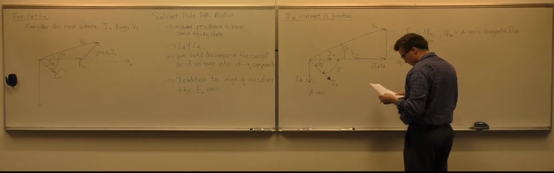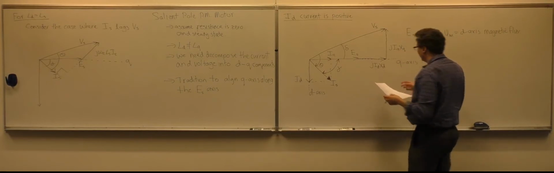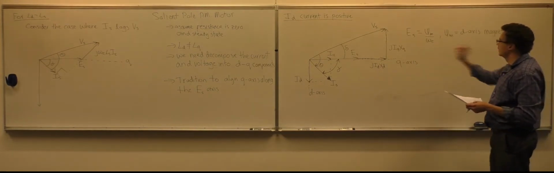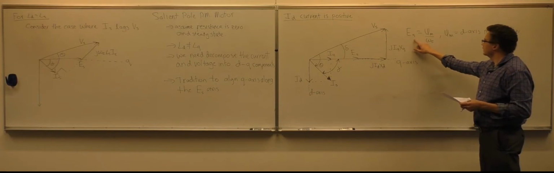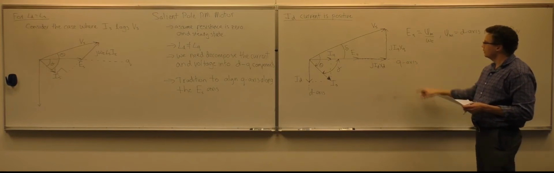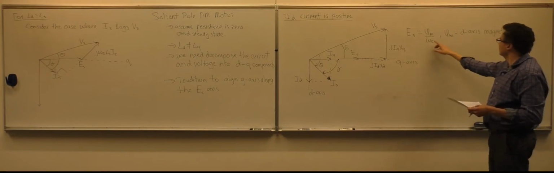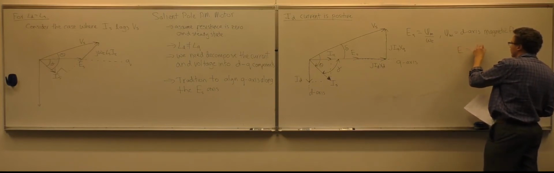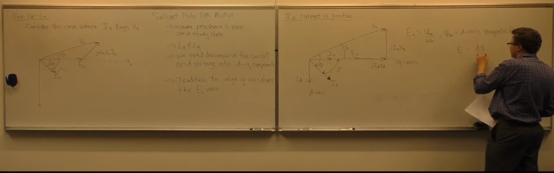So one thing here to note is that the ES, well, I said the ES, we align it along with the q-axis. If you think about it, you know that E is equal to the change in flux with respect to time.